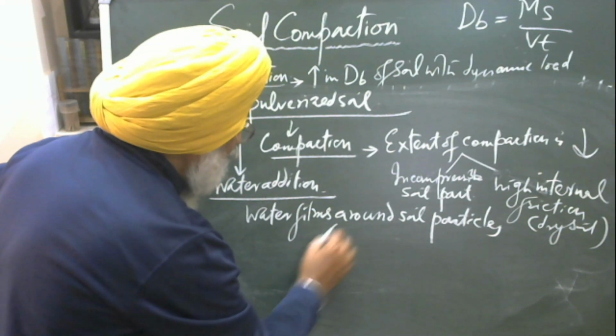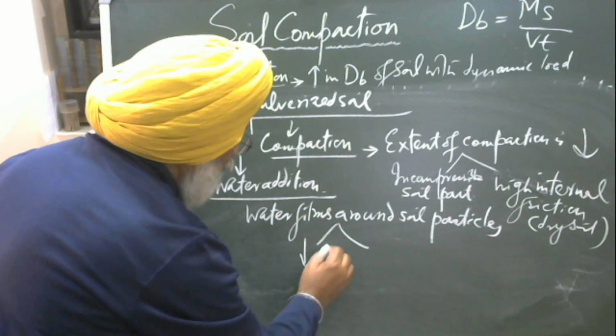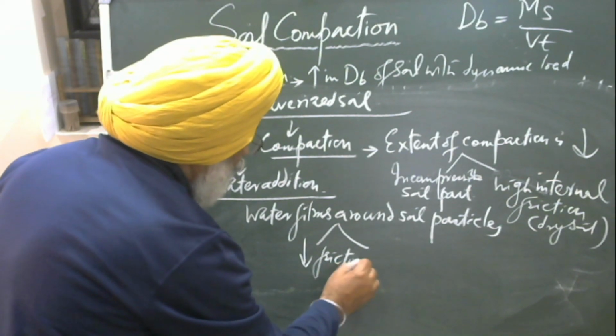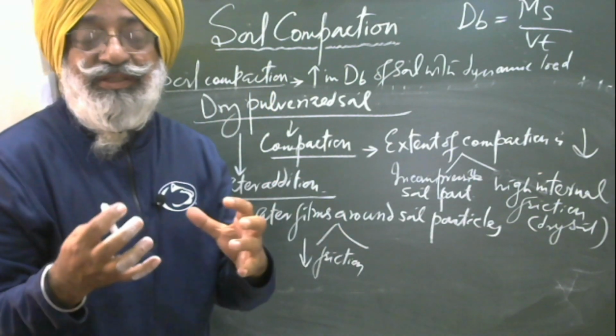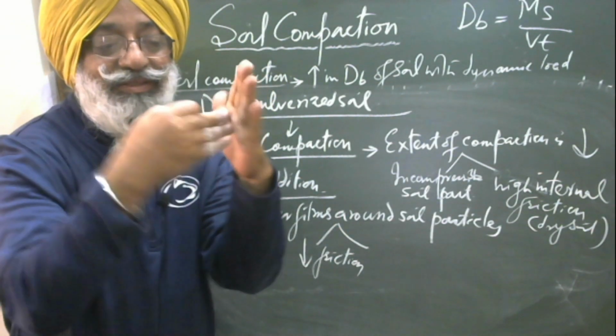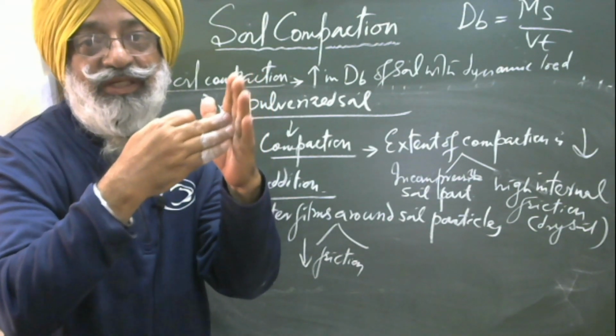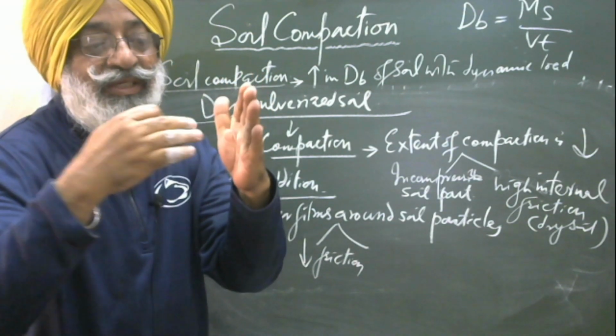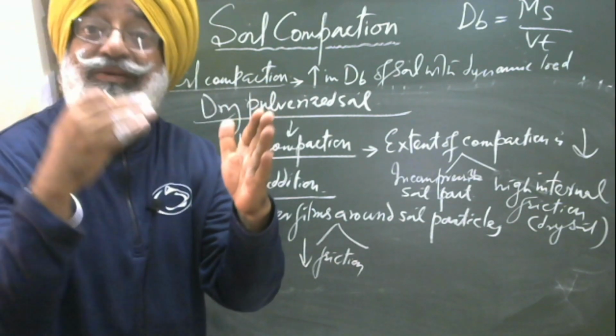So it results in a reduction in friction. It acts as a lubricant. Earlier the particles had a very high friction rate. They could not rearrange themselves. They were incompressible because the soil was dry.